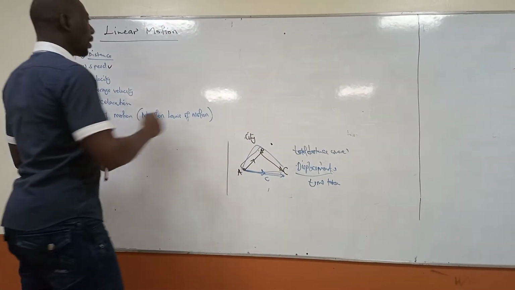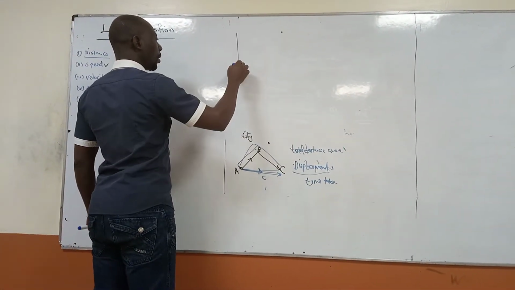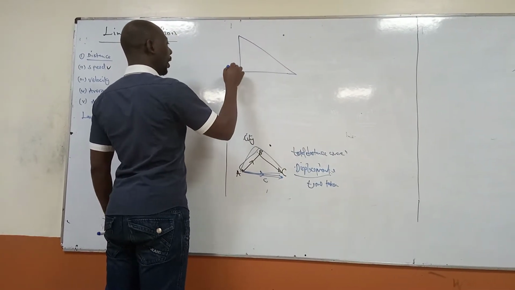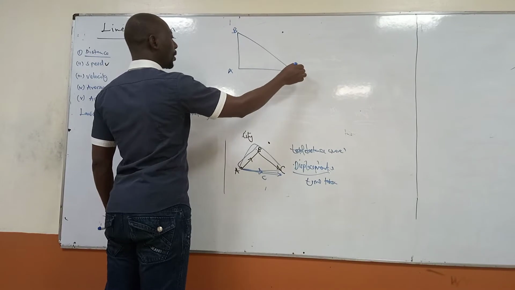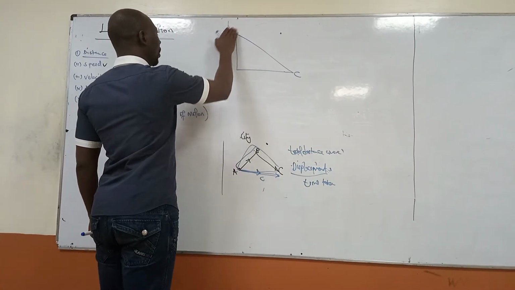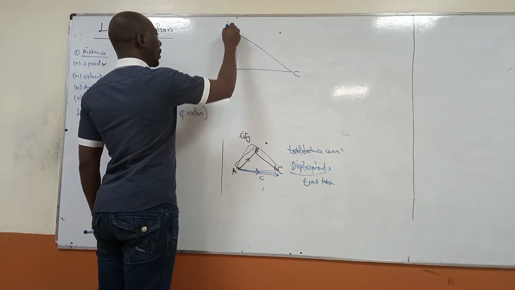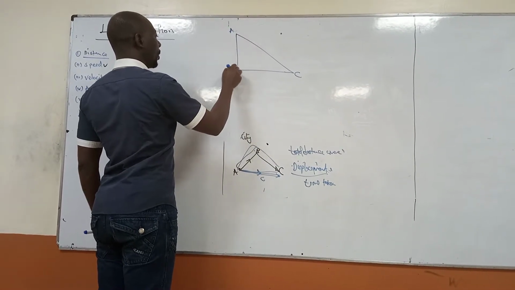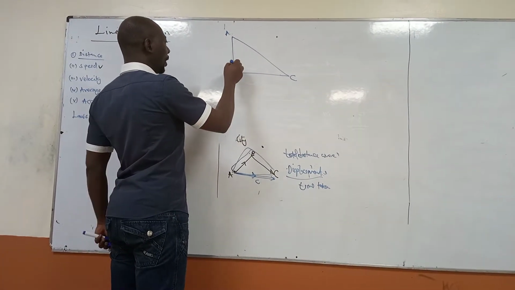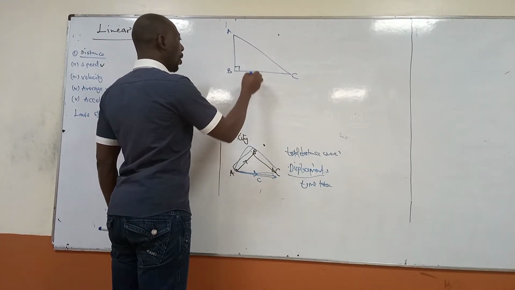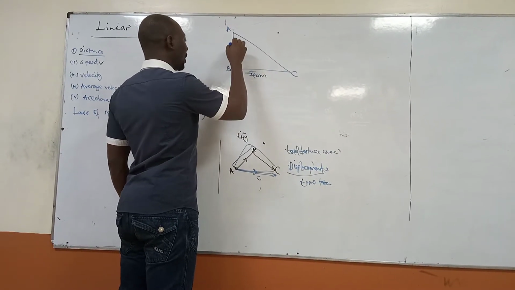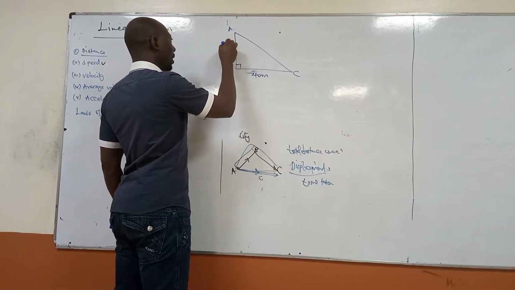Let's solve one. So we have got points A, B, C, in that order, such that here we have got an angle of 90 degrees, with this side 30 meters and this side 40 meters.